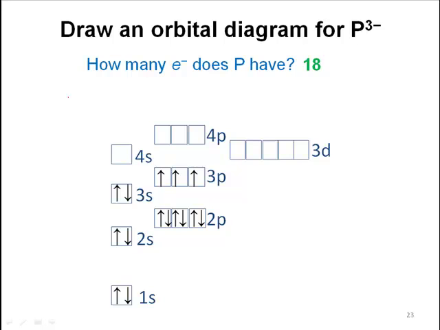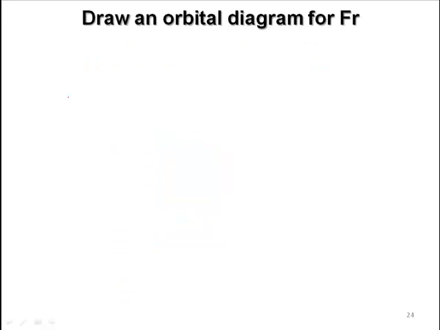Do we erase or add? And where do we add them? 3p, just like that. They pair up. Oh no. It now has 18 electrons. What element has 18 electrons besides phosphide ion? Argon does. So it has the same number of electrons as argon.